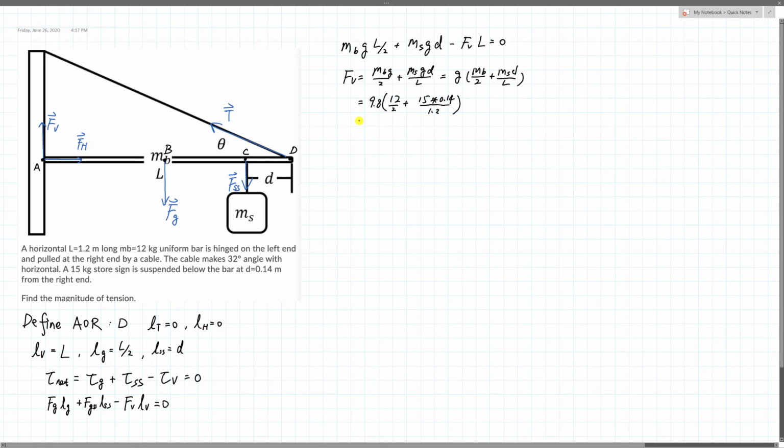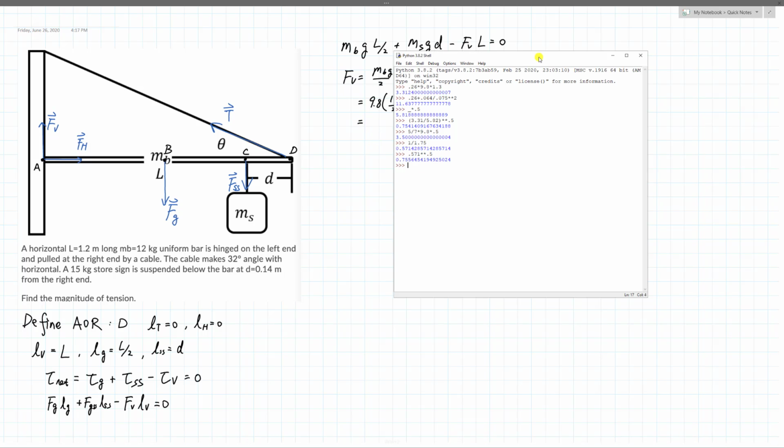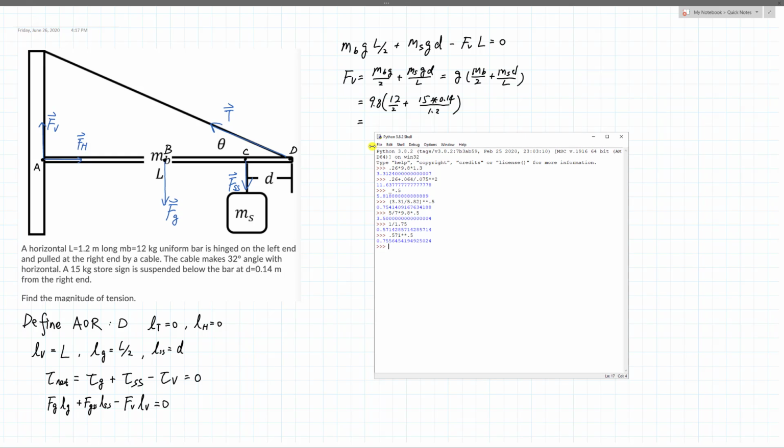So this is our vertical force. Let's use our calculator. So 9.8 times, okay, 12 over 2 plus 15 times 0.14 over 1.2, close parentheses.